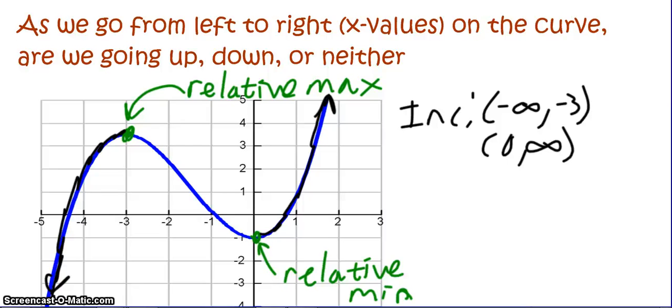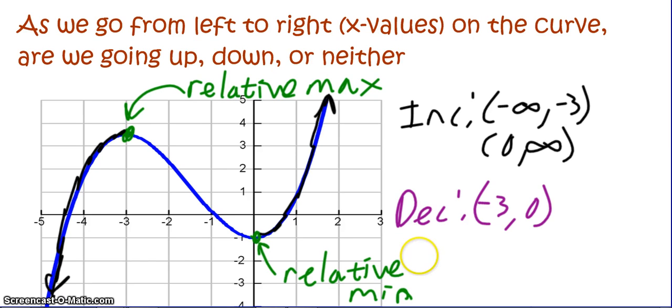For this, I would prefer if you just use parentheses for everything when we're talking about increasing and decreasing intervals. Then the decreasing is going to be from negative 3 to 0. Now notice that for a lot of functions, here in this case, our domain is all real numbers, or negative infinity to infinity, and the function is constant.